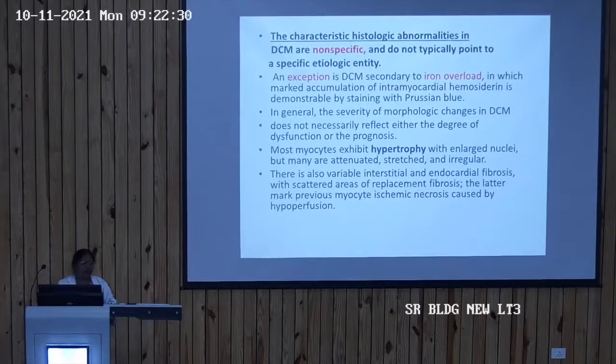There may be fibrosis, and this fibrosis usually reflects the ischemic necrosis that the heart has suffered. And if it is due to iron overload, you can see increased iron, and this can also be demonstrated by the iron stain Prussian blue, which colors the iron stores blue.